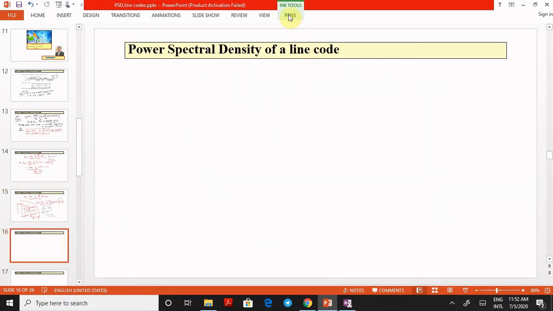Now we can simply say that the value of R0 is equal to 1 for us, the value of R1 is equal to 0, the value of R2 is equal to 0, and the value of Rn will also equal 0.